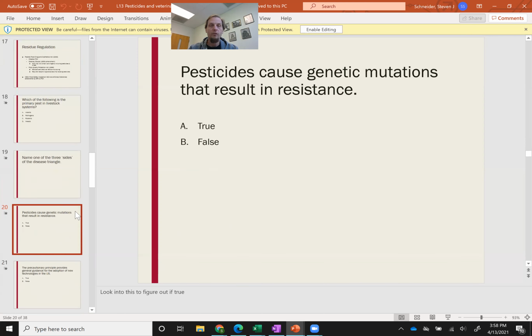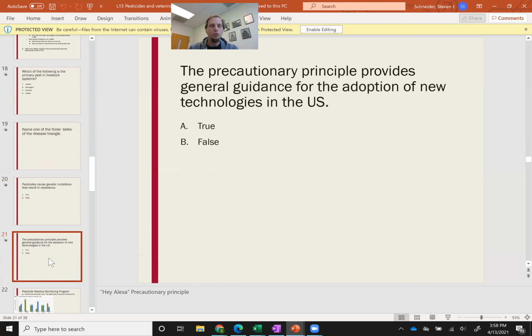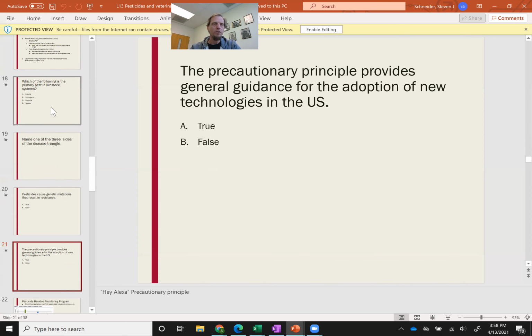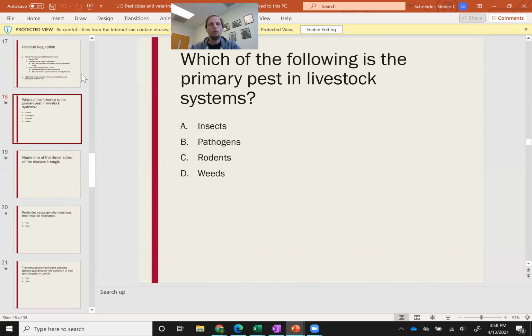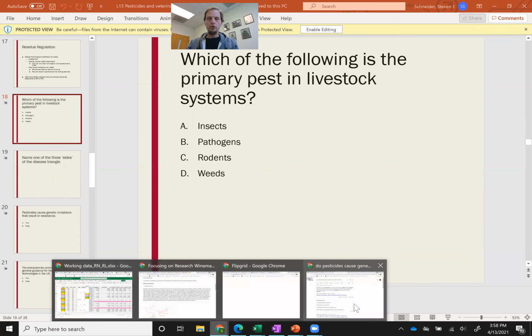Here I say, look at this figure to figure out whether this is true. Hey, Alexa, precautionary principle, what does that mean? So these are all highly Googleable things. They're things I did not talk about directly, but alluded to in lectures. And so just as an example here, I'll show you.